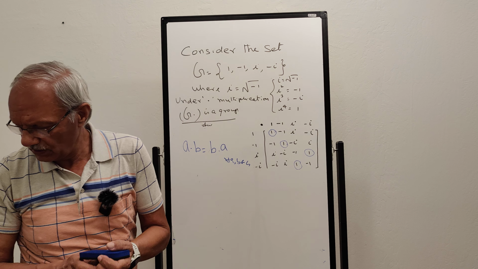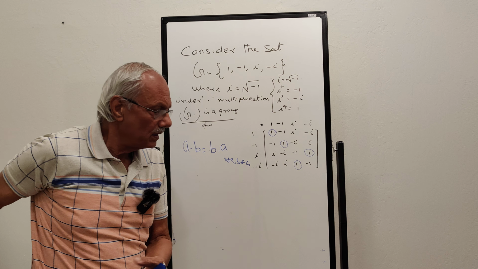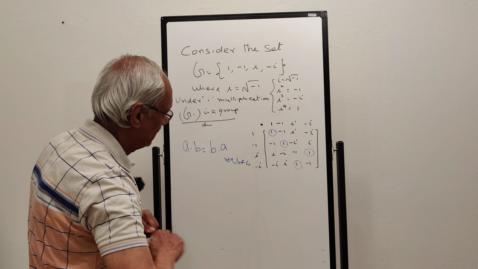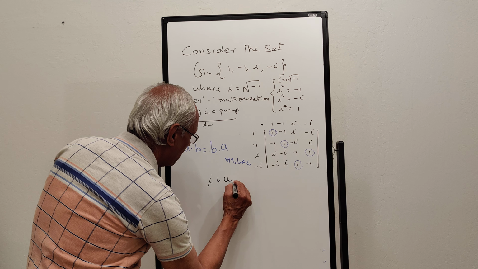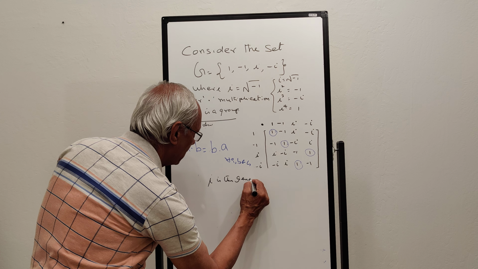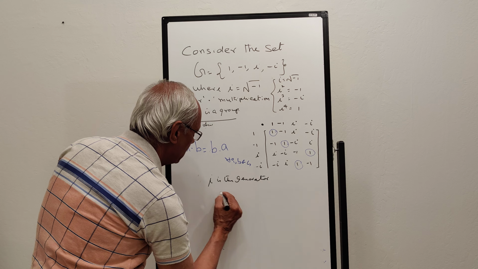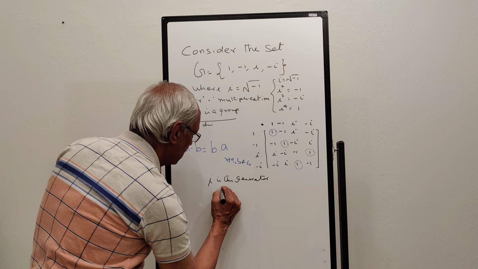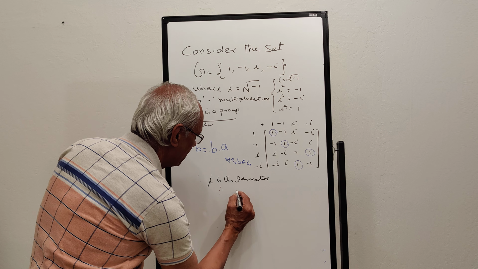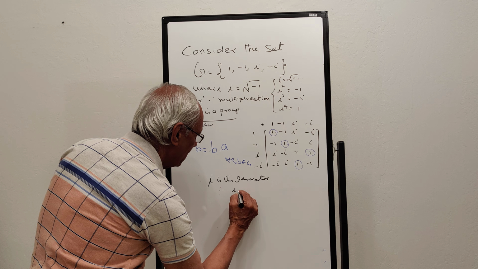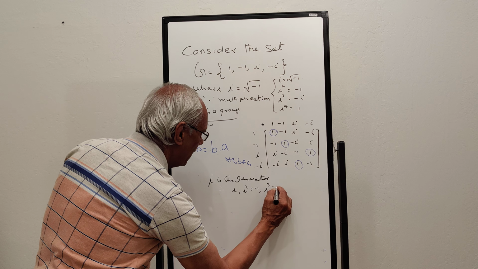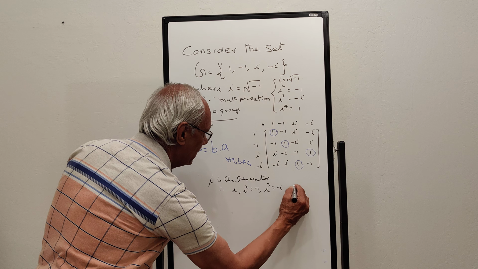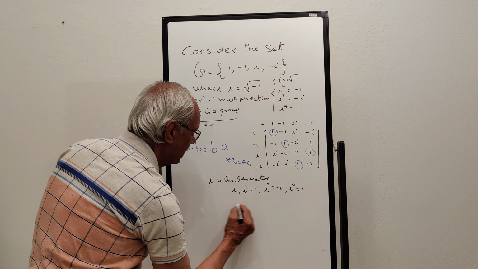I is the generator, since I squared is equal to minus 1, I cubed is equal to minus I, I to the power of 4 is 1.